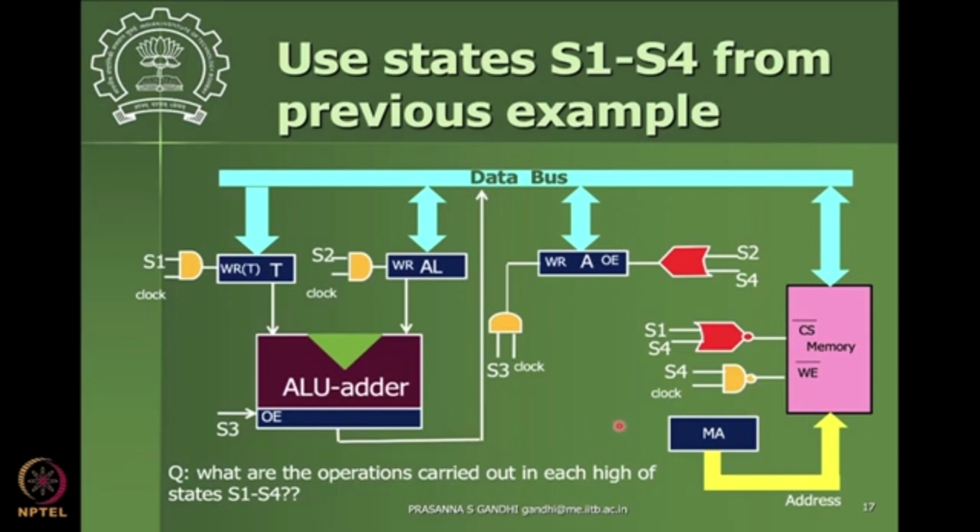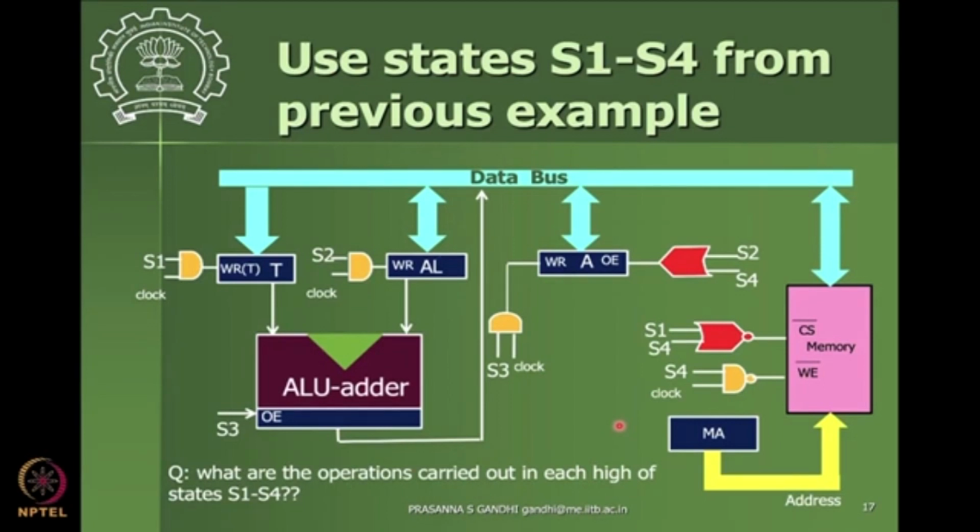S1 will go high first, then S2, then S3, and then S4. You can pause here for a while and think about what will happen in the S1 sequence, for example, and what will happen in S2 when S2 goes high. Then you can proceed. We'll go one by one.